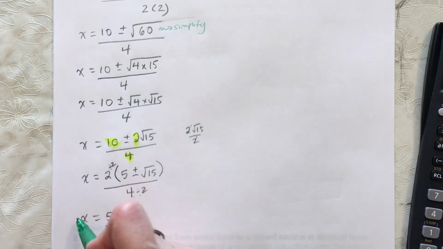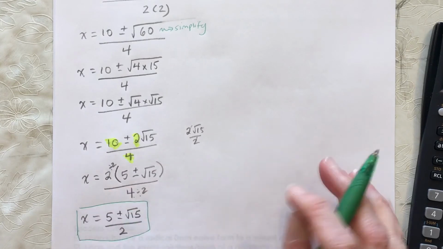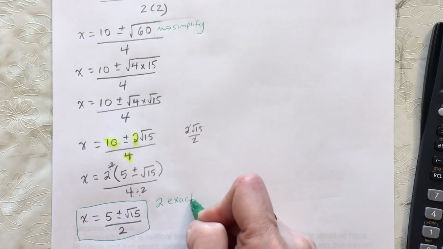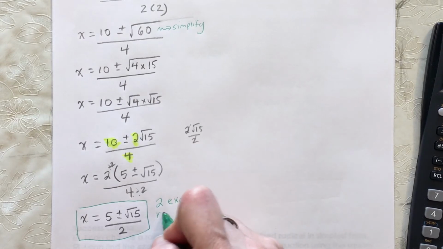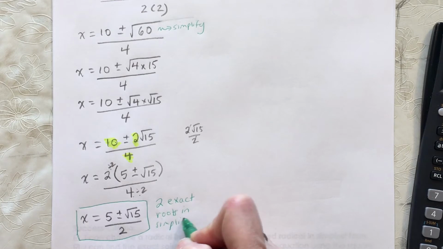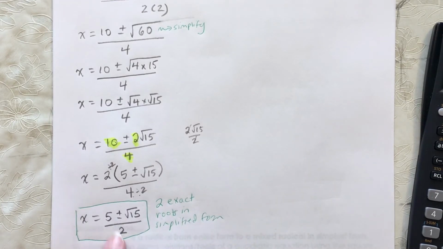So there's my solution, and that represents 2 exact roots in simplified form.